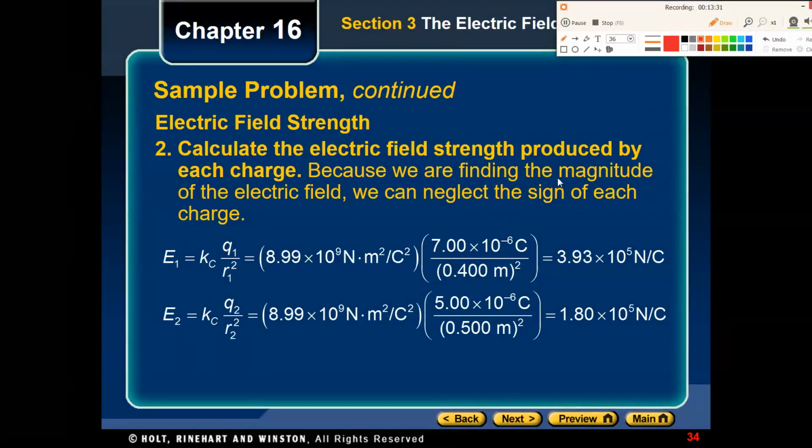Right, then we can use the definition of electric field to figure out the electric field generated by Q1 and generated by Q2. So this one is generated by Q1. This one is generated by Q2.